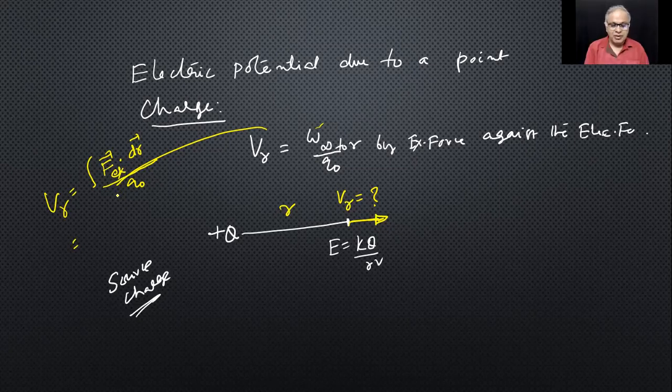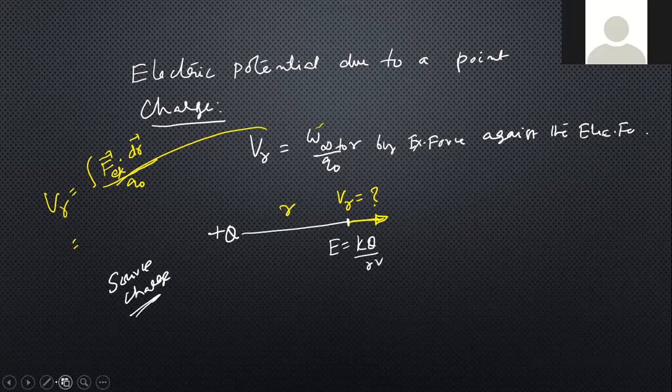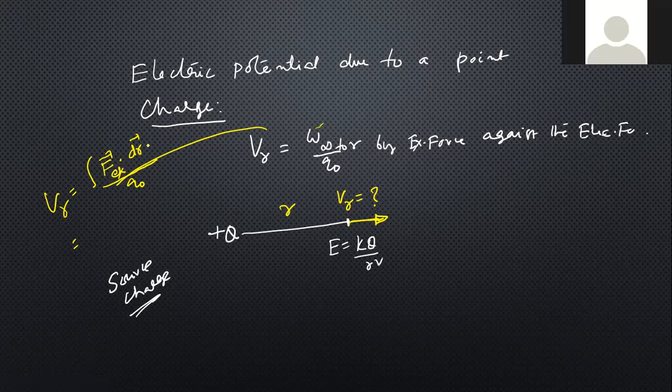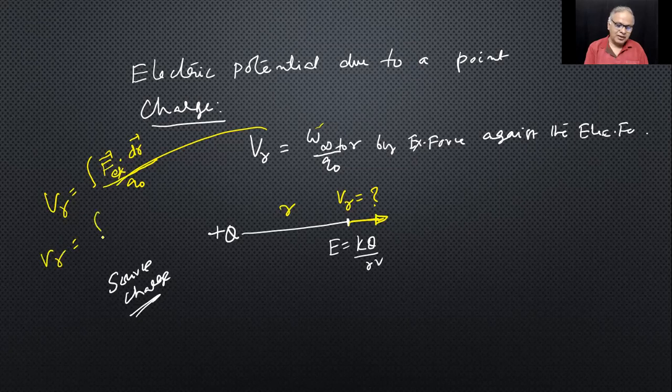E. But remember, if I put E, that will be only of this one, no? So that's why better I go for minus like that. I don't know whether you understood. Yes, sir, because here the field is due to the electron. So if I write E dot dr, that won't be nice. I should put minus E dot dr, isn't it? So it will be because of electric force. V at R equals, I should write F electric here.